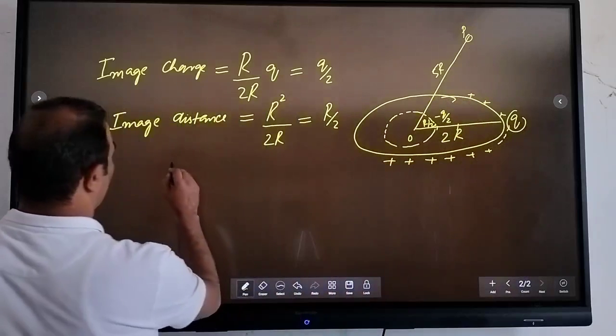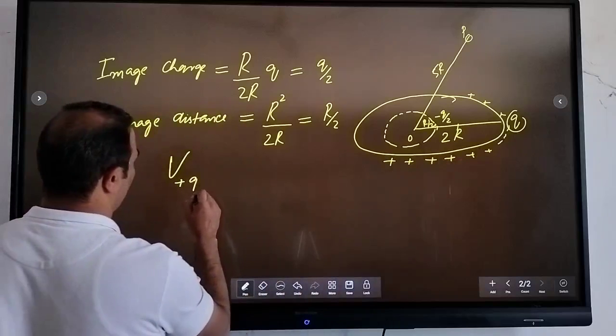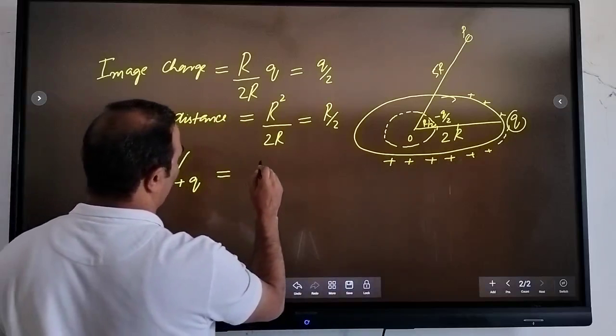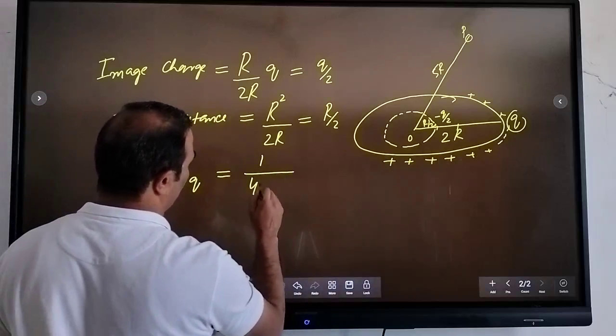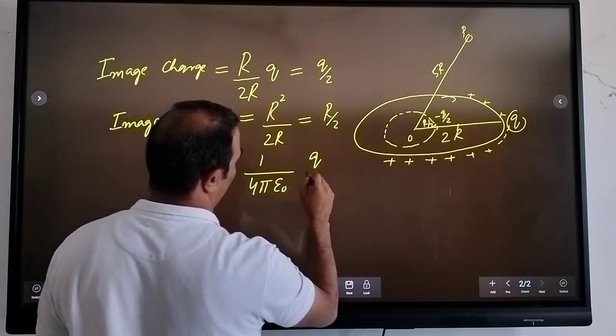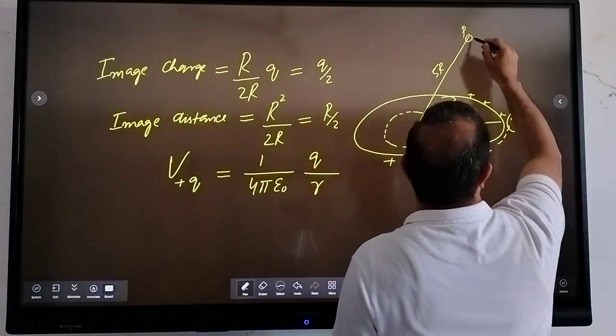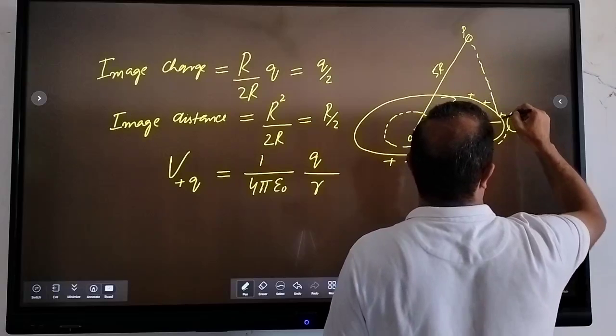So potential due to these charges plus q charge will be equal to 1 over 4 pi epsilon naught, q by r. So this r is this, okay.